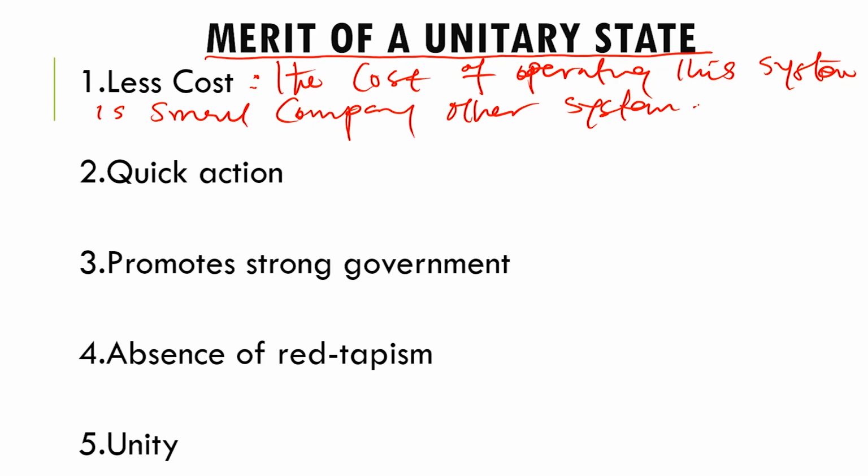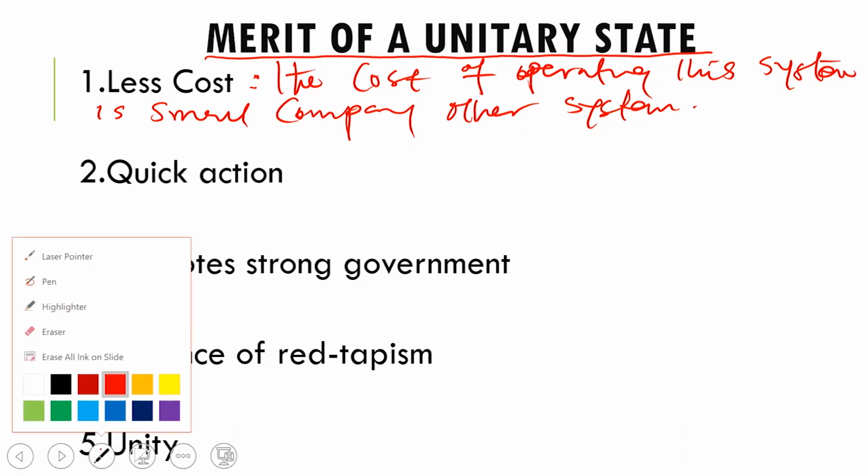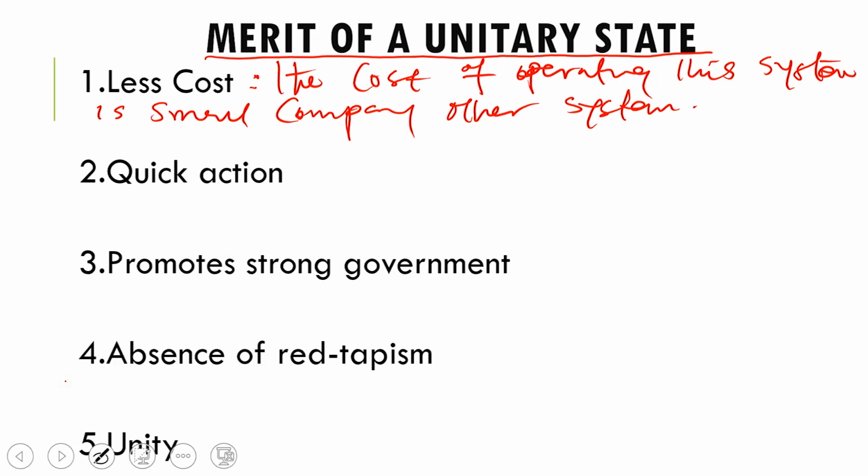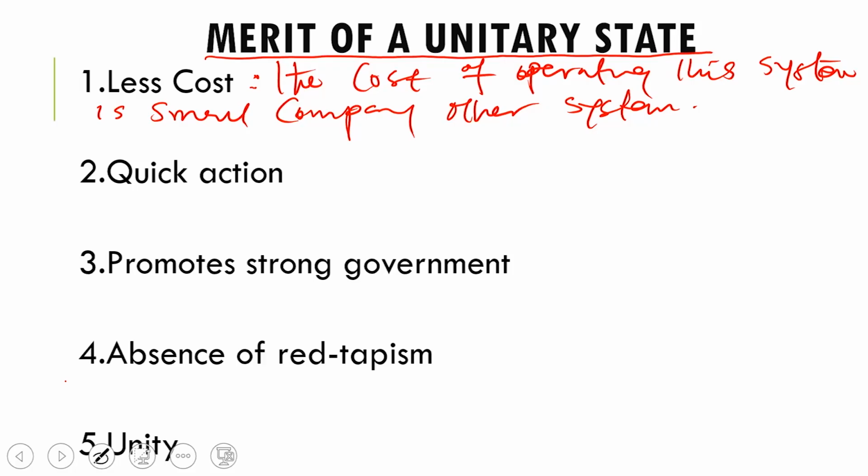Then we said we have quick action, which is otherwise called quick decision making. Now, in terms of decision making, there is no need for you to tell me, okay, fine, let's consult this, let's follow all these procedures, the red tapism, the bureaucratic structure. There is nothing like that, because the system is just one. We have the central government and other component units, and all power belongs to the central authority. So this system leads to quick action, otherwise called quick decision making.